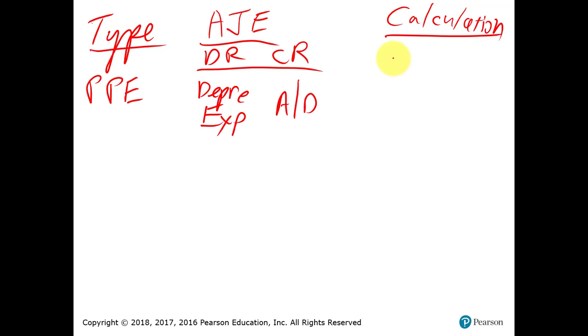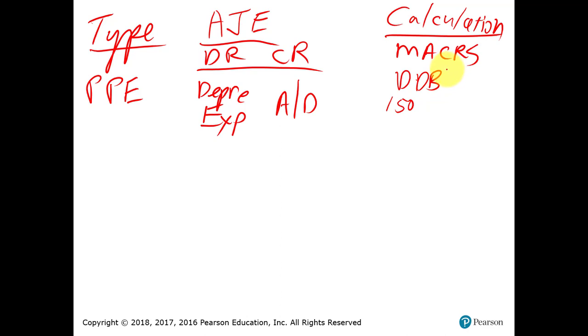Sometimes we call this Modified Accelerated Cost Recovery System, or MACRS. But specifically, it's the double declining balance method. Or if you want to take your depreciation over a longer period of time, instead of double, 200%, we take 150% declining balance.